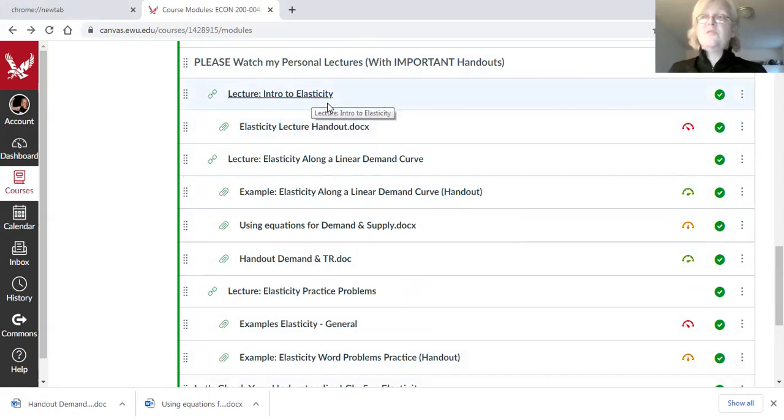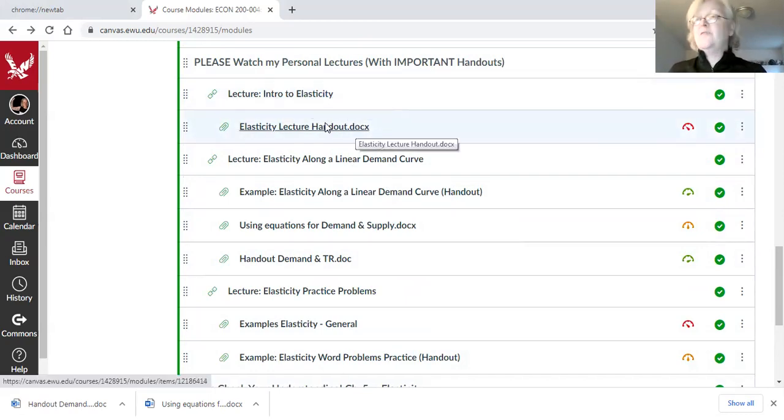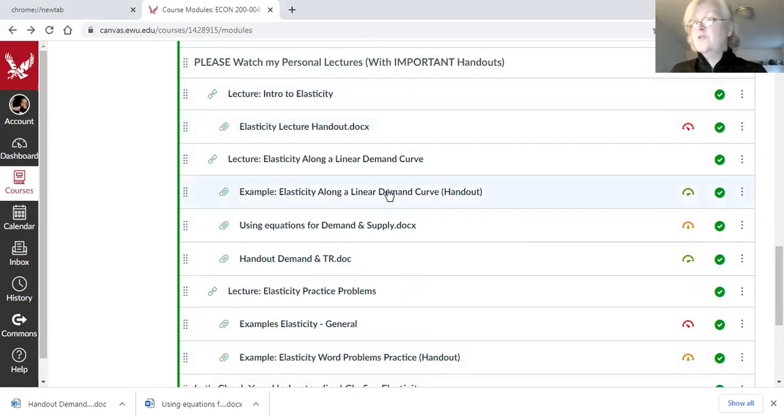Underneath each lecture is probably a handout that relates, so open the handout, listen to the lecture, and so on. This is where I will go over practice problems that are very similar to the ones that you're being asked to do in homework. So this is an important area where you should be spending a lot of time weekly on this class.